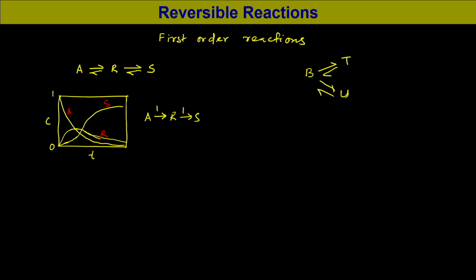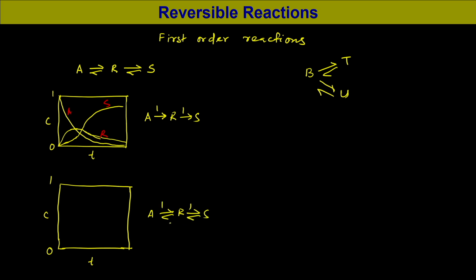Now, if we consider this reversible reaction, the concentration profile would be, so A to R to S, these are of equal rate constants.